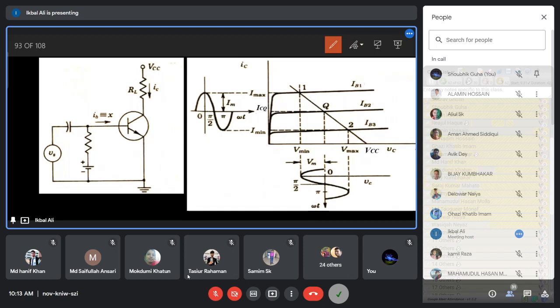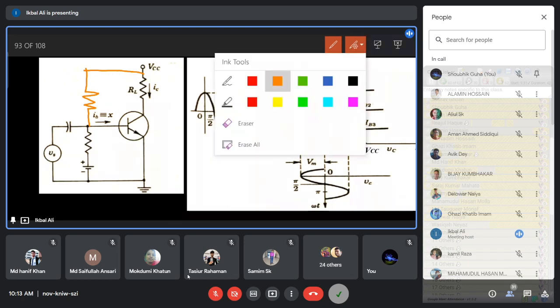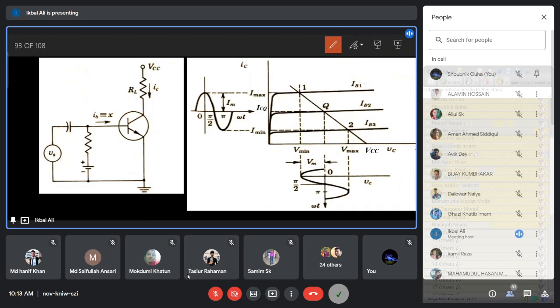Now, in the self-bias circuit, for the case of the C amplifier, we have seen that there are two resistances connected to VCC. So here you have a resistance R1, and also there is another resistance R2 after this R1. These are the two resistances we have seen in the self-bias C amplifier circuit. But in this case, we have simplified the self-bias circuit R1, R2 section with Thevenin's theorem.